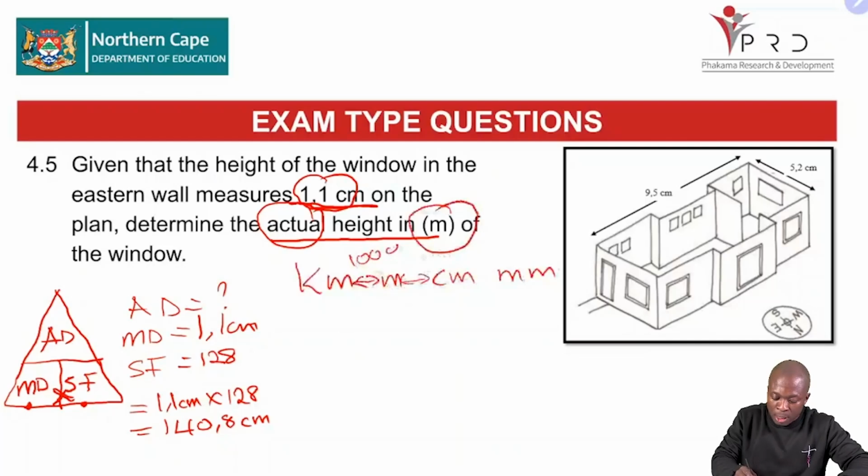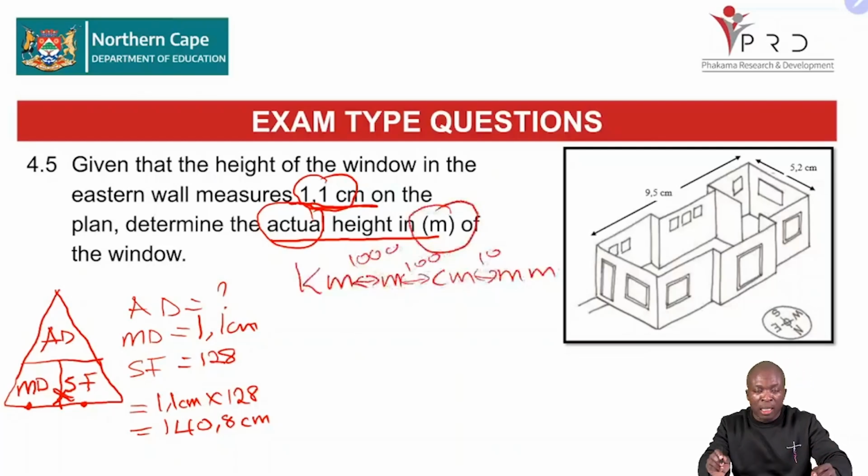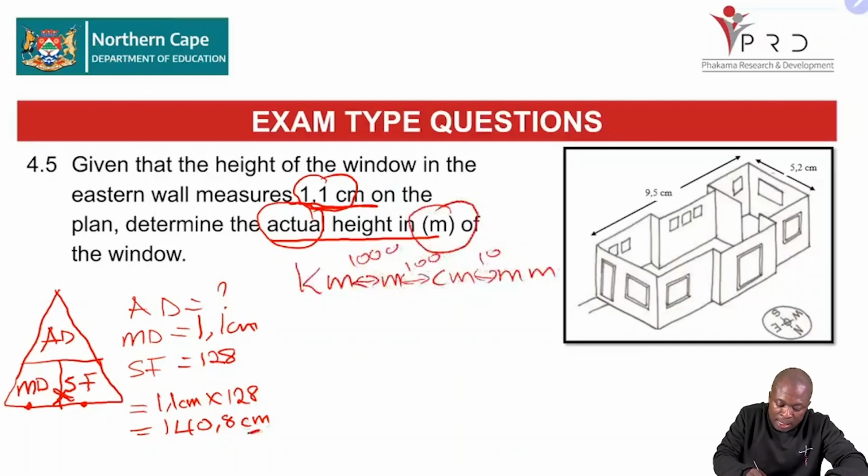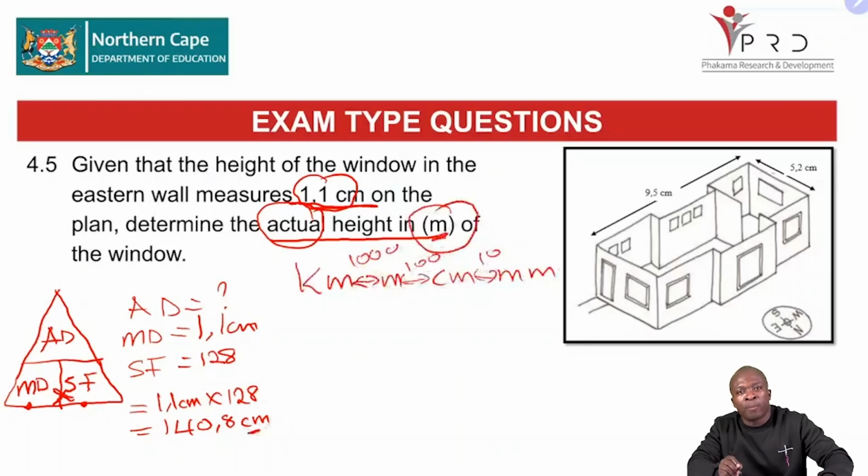Meters and centimeters, 100. Centimeters and millimeters, 10. So now we have our answer, which is in centimeters. But the examiner wants the final answer to be in meters. What do we do then? Good. We have to convert it to meters.